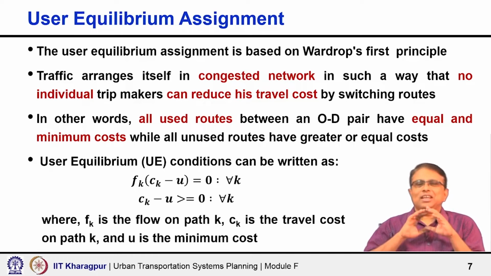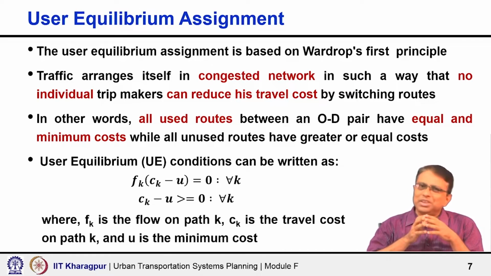So, it is a kind of equilibrium where people have got distributed to different routes in such a manner that it is the equilibrium point when no one can benefit further in terms of reducing his or her travel time by switching to another route.